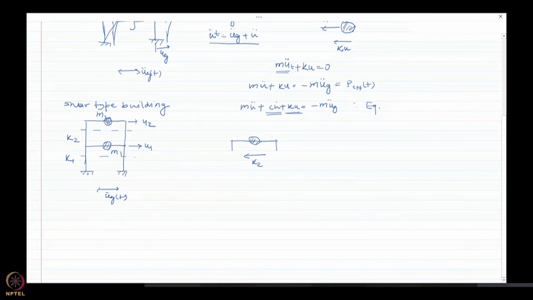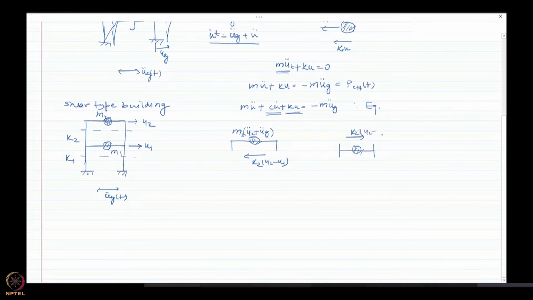Because story stiffness is k2, the net force would be k2 times the story drift, u2 minus u1. And again this would be the total acceleration, so it would be m2 times u2 double dot plus u_g double dot.